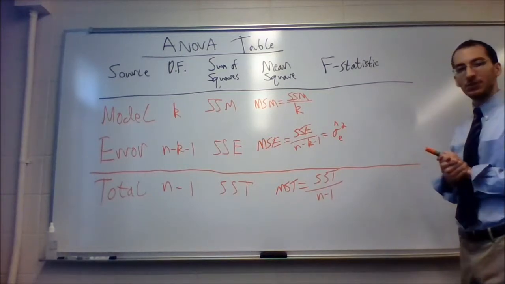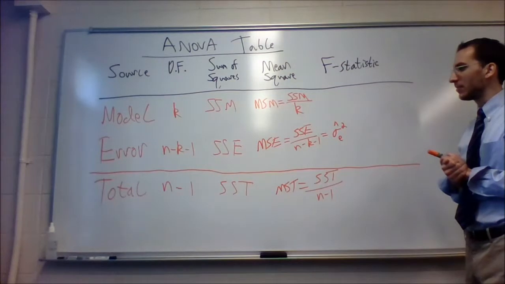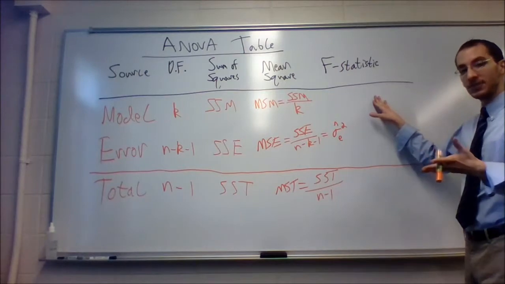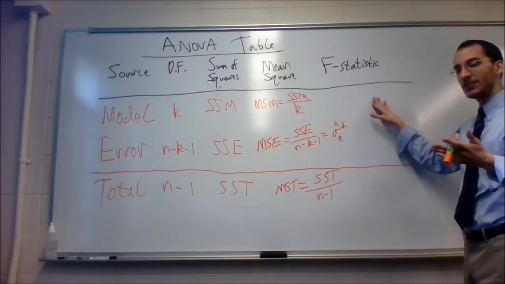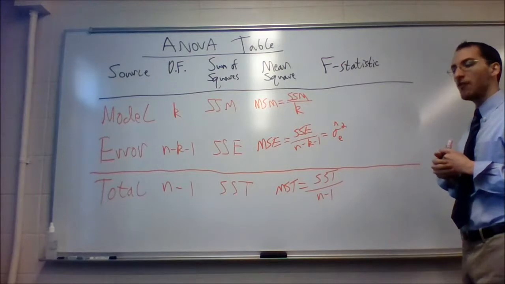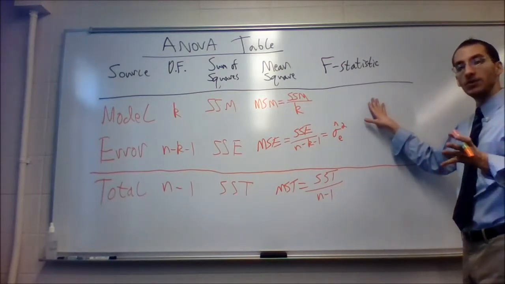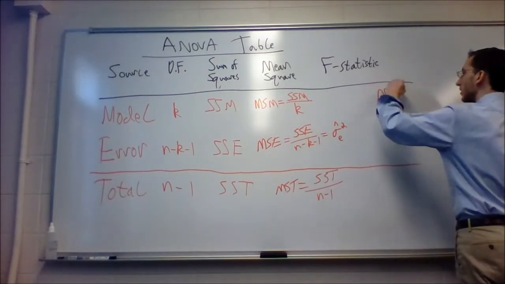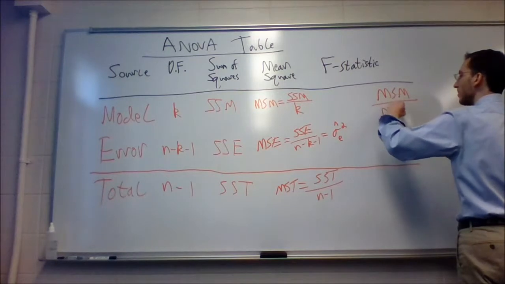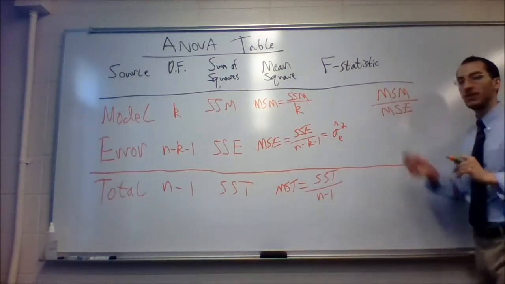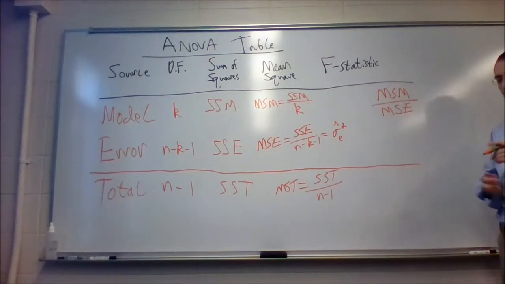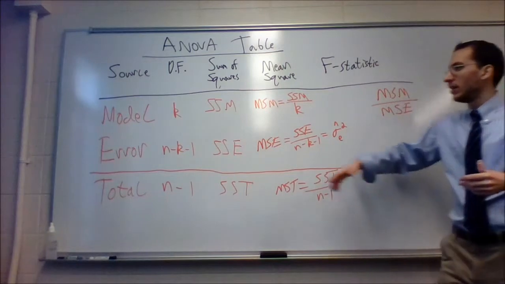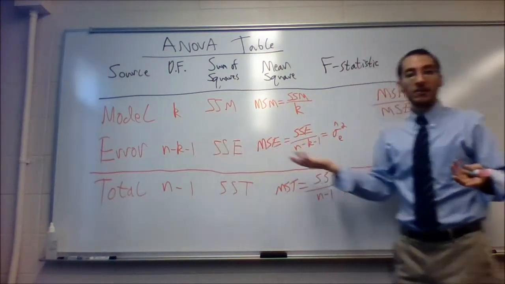There's one last interesting thing we can do with this ANOVA table. And we can actually calculate our F statistic. Remember, our F statistic is that measure of the overall model significance. And I can calculate that by simply taking the mean square of the model, MSM, divided by the mean square of the error, MSE. So all the F statistic is showing me is just a ratio of the model to its error.